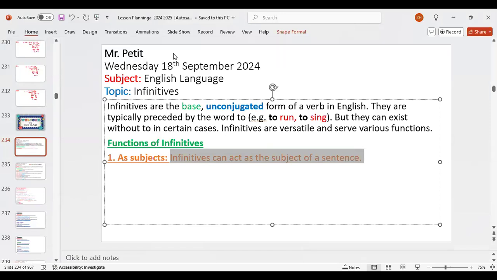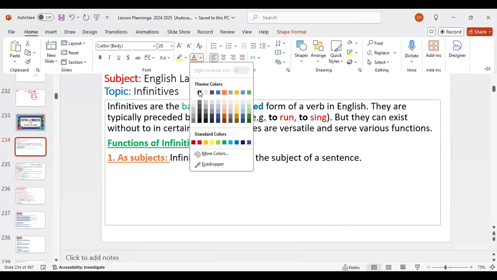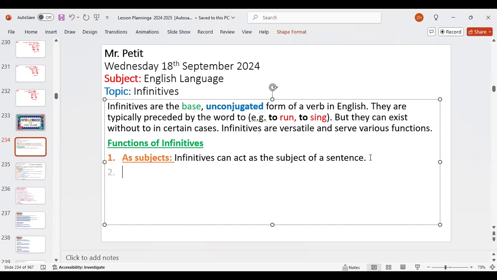Let me give you an example. To travel is my what?